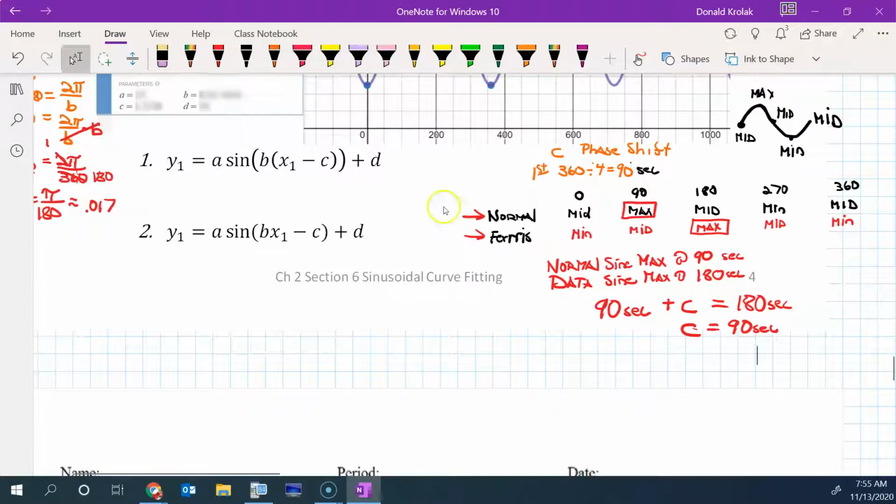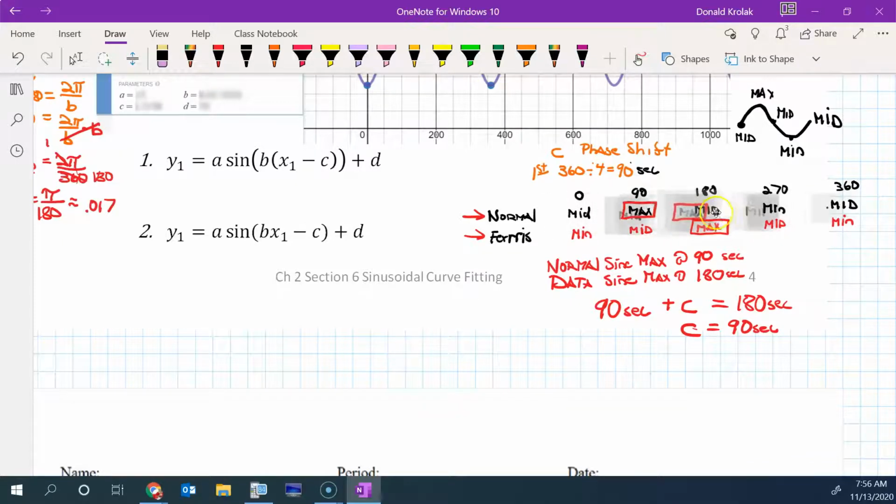So basically, if I took that and I just shifted it over 90 seconds, now the maxes and the mins would match up.